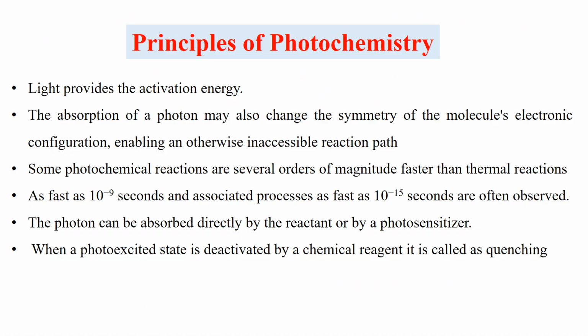Here are the principles of photochemistry, which are: the activation energy is provided by the light. This light does not only activate the molecule by changing its activation energy, but it can also change the symmetry of the molecules' electronic configuration.